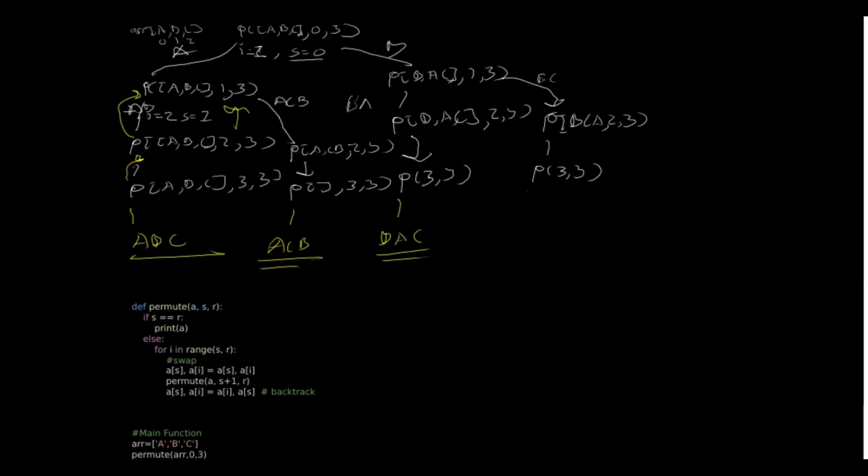P, 3, 3. Now we output BCA. Go back, go back. We now go back here, and I is 2.